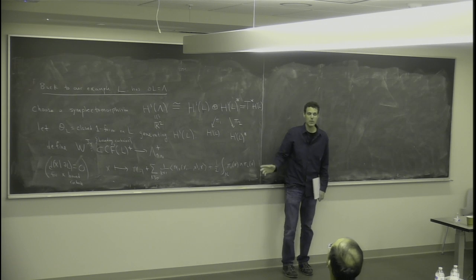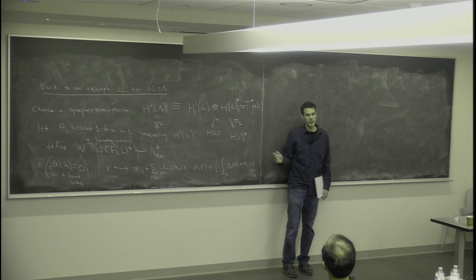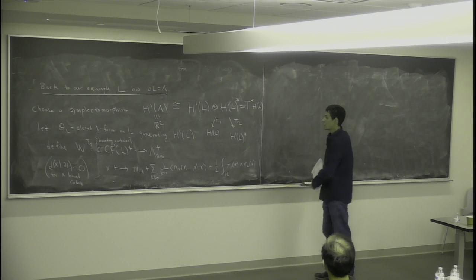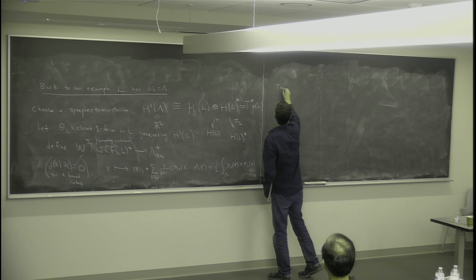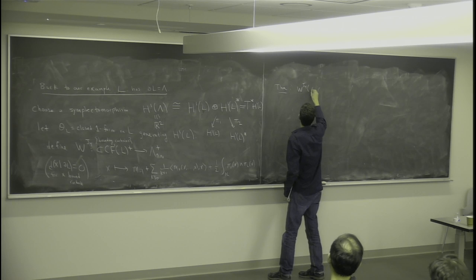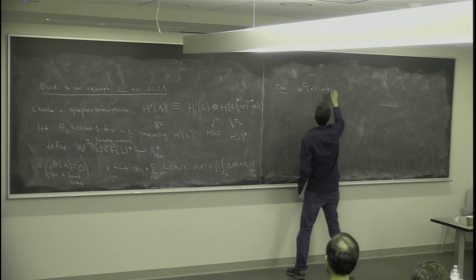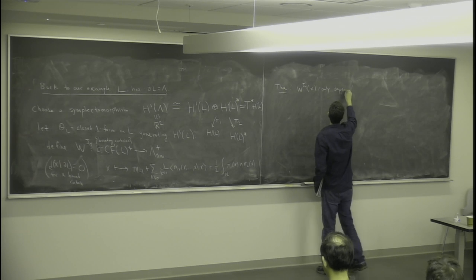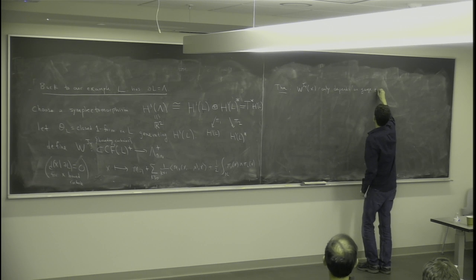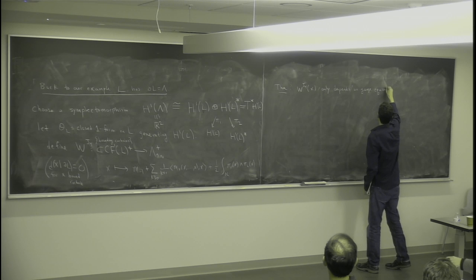Theorem: W_{J,Y} of x only depends on the gauge equivalence class of x. So we get this is defined on the moduli space of bounding cochains.